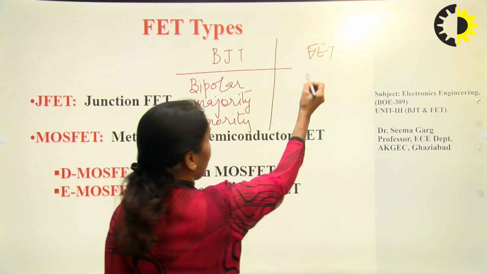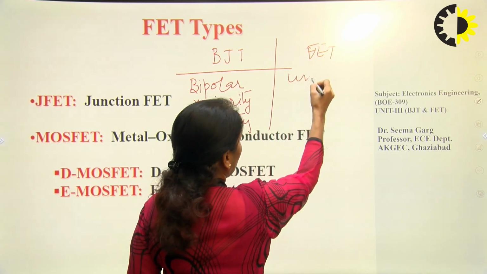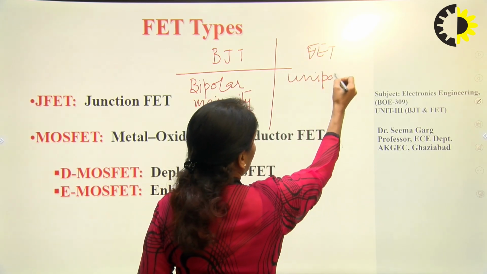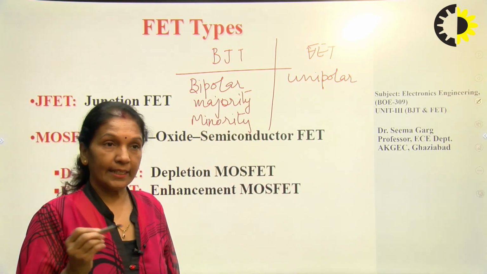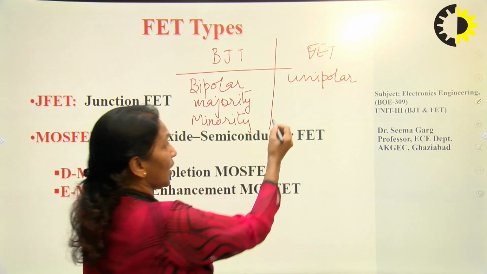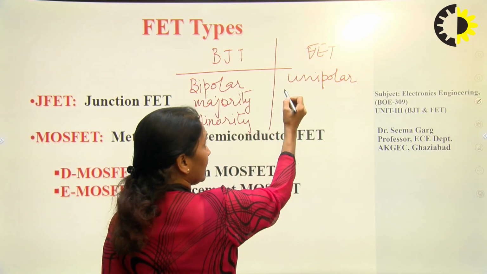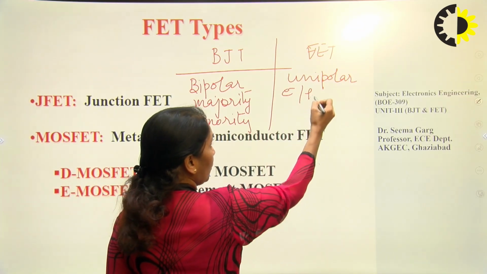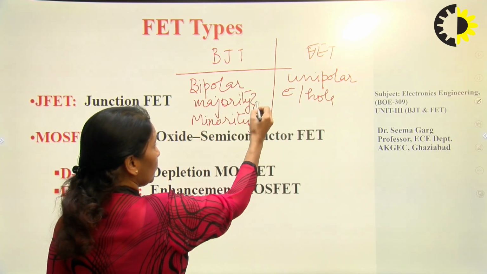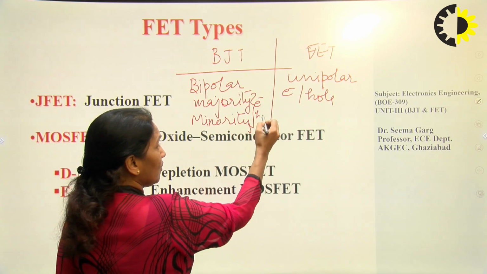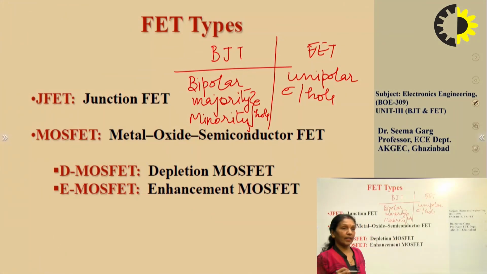Whereas the field effect transistor is a unipolar device. That means the current conduction takes place by a single type of charge carrier, either electrons or holes. Whereas in the BJT, both the electrons and holes are responsible for the current conduction.